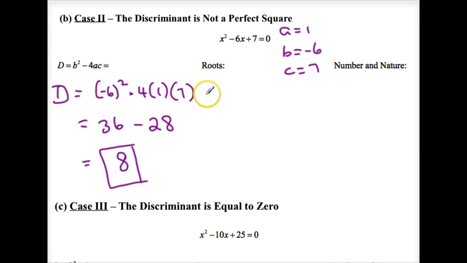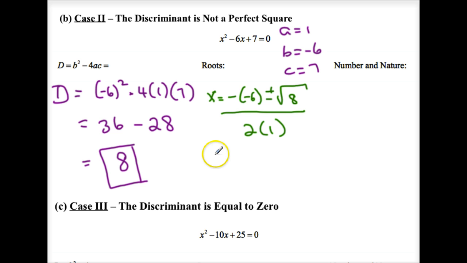Remember, use your quadratic formula. I know my root x is equal to minus b plus or minus the square root of 8, everything over 2 over 1. This becomes 6 plus or minus the square root of 8 over 2.